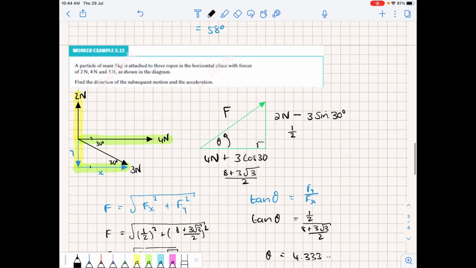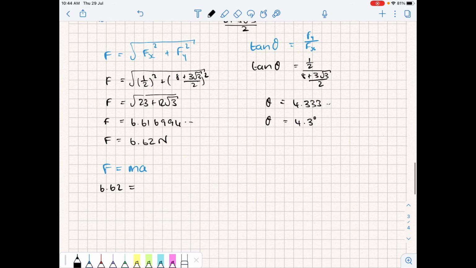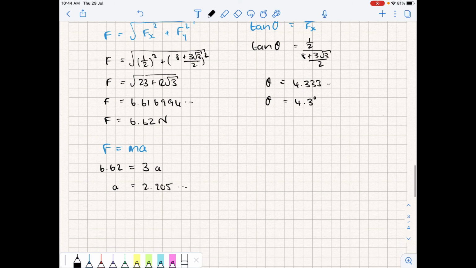The mass of the object is 3 kilograms, and we want to work out the acceleration. Again, you would have had to save the value in your calculator. That's going to give me 2.205, etc. We want to round to 3 significant figures, so that will give me 2.21 meters per second squared.